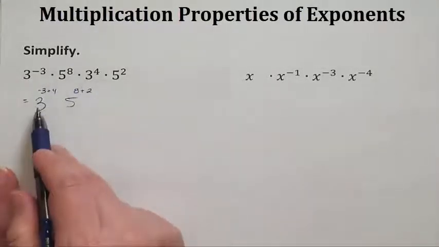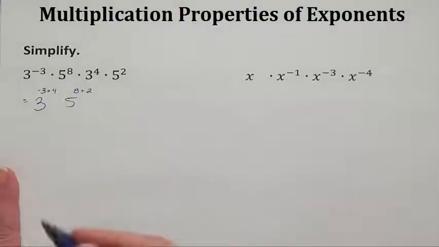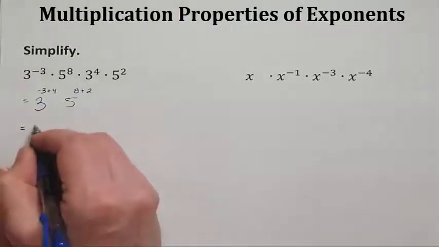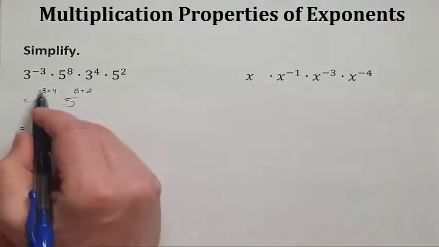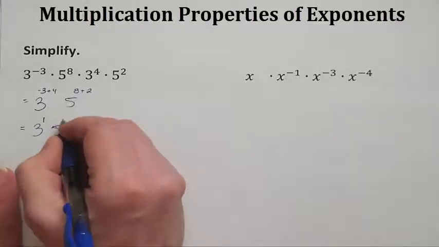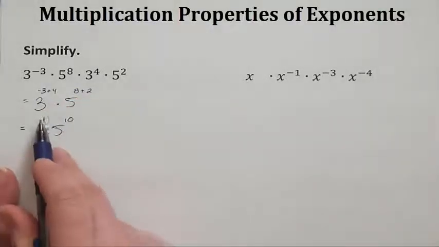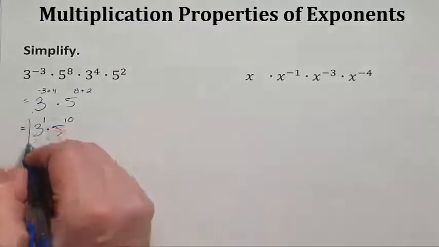I did my base 3's. I've gone and done my base 5's. There are no other bases to do, so let's finish simplifying. This is 3 to the -3 plus 4 is 1. And base 5 to the 8 plus 2 is 10. So I have finished simplifying. This answer is 3 to the 1st times 5 to the 10th, and you're done.